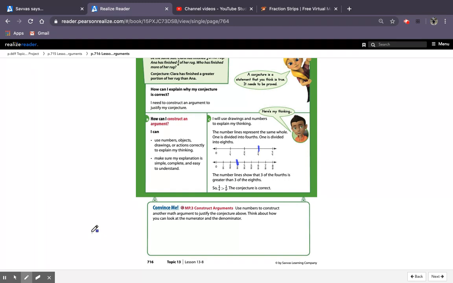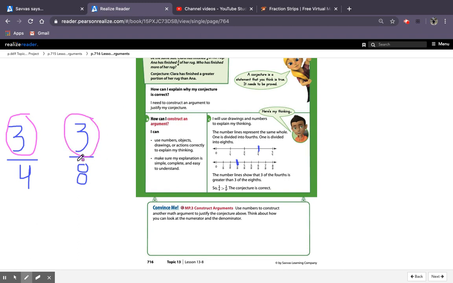Here it says use numbers to construct another math argument to justify the conjecture above. Think about how you can look at the numerator and the denominator. I'm just going to write the fractions over here, and I'll be referring to these as I give an explanation. Our two fractions are 3/4 and 3/8. These two fractions have the same numerator, the same top number. I'll circle those. Same numerator, same numerator.